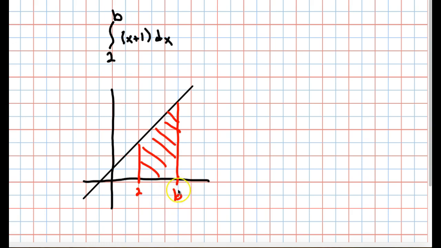Okay, so my height would be b minus 2, times these bases. So here I can actually get this height. If I plug 2 into my function, I get that this height is just 3. Plus, and then if I plug b into my function, I would get b plus 1. So I can say plus b plus 1 over 2.